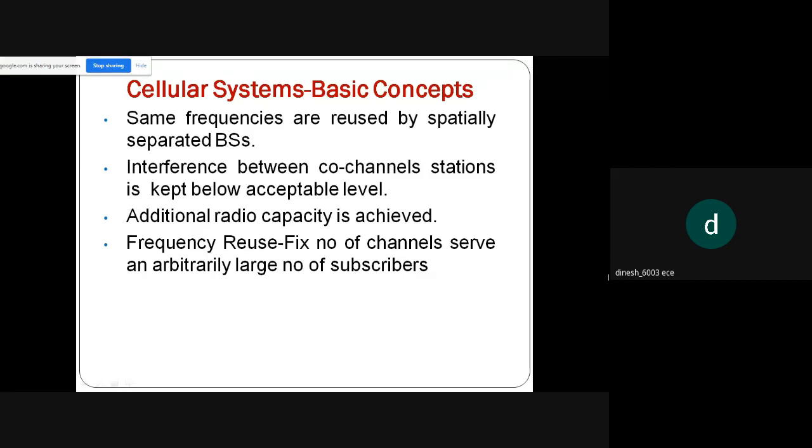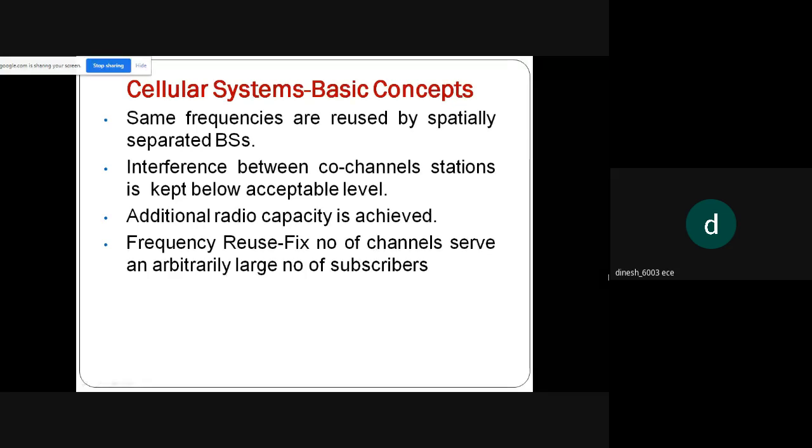For every transmission of your signal, a frequency is utilized. So the same frequencies are reused by some factors, the factor of 5, factor of 7, factor of 3, by spatially separated base stations. So the interference between the co-channel stations is always kept below the acceptable level.